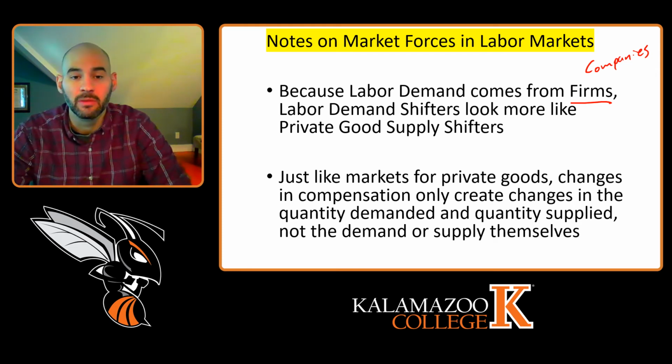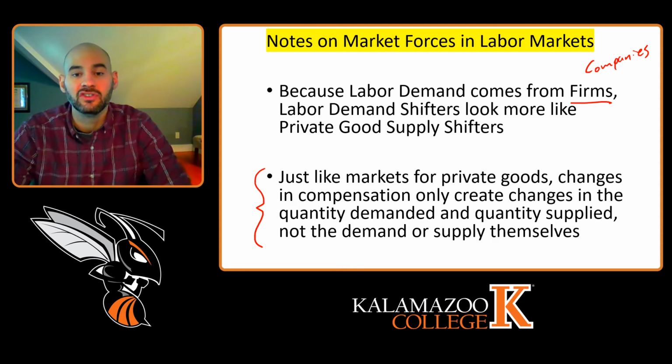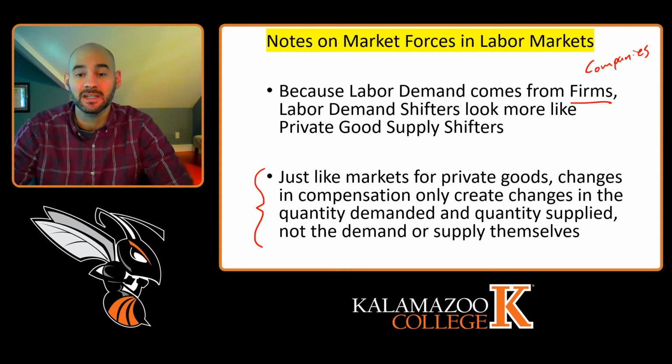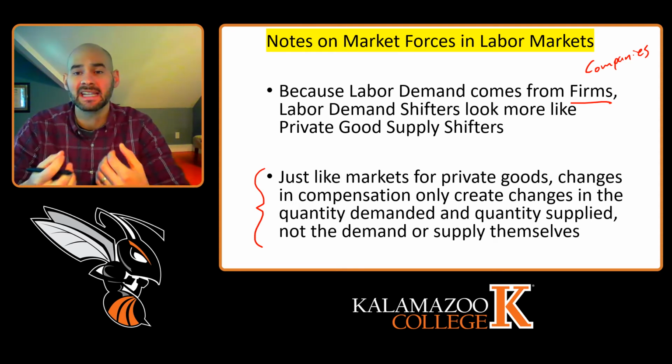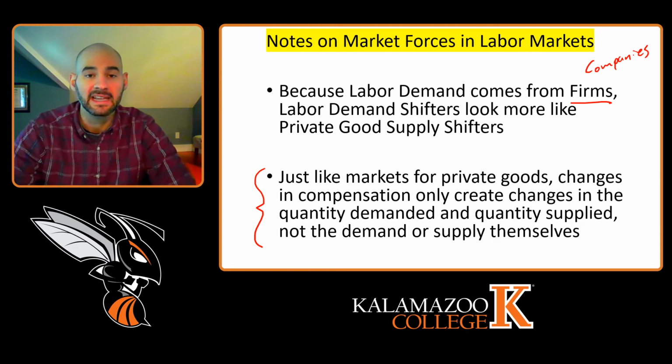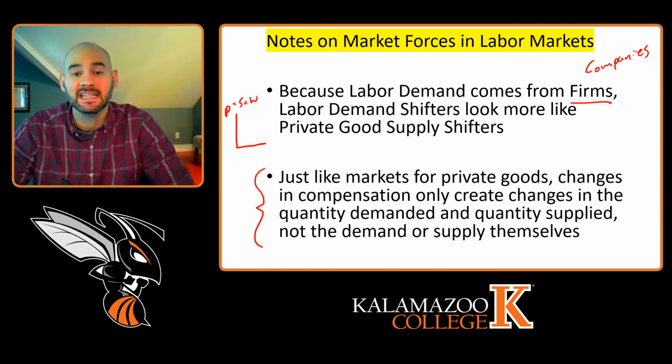The last point that I want to make here is that when we think of changes in compensation and how that impacts supply and demand, we'll notice that in any market, a change in the price, a change in what is on the vertical axis, whether that's price, salary, or wages, can only impact a change in the quantity demanded and quantity supplied.